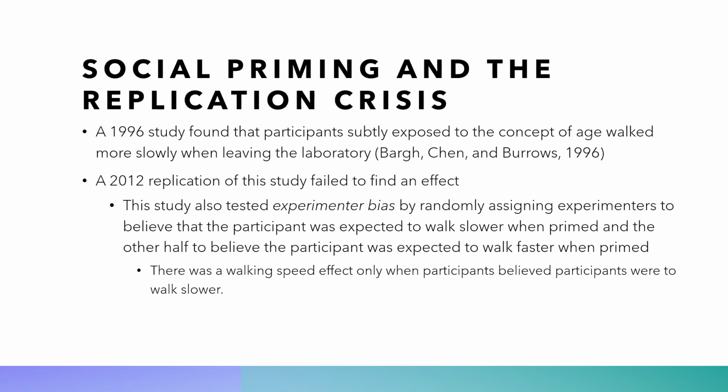So then this suggests that the experimenters who were collecting data on this study inadvertently contributed to the results that were found. And this is often why people like to do double-blind research projects. So this is when the participant doesn't know what condition they're in, and when the researchers don't know either.